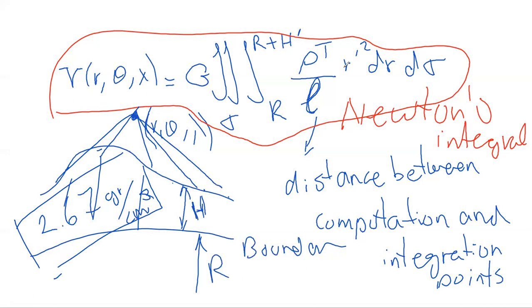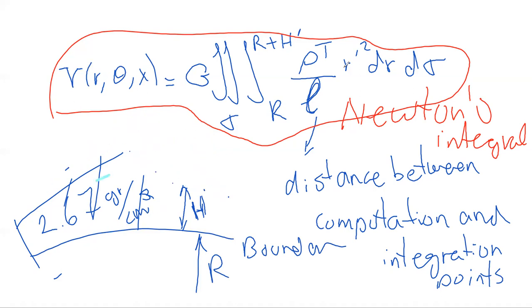For any point from R to R plus H prime, we can simply compute this integral. It will be a 3-dimensional integral to compute the effect of the topographic masses on the potential. That's simple. But if we want to go to the spherical harmonics domain, we need to use another way.